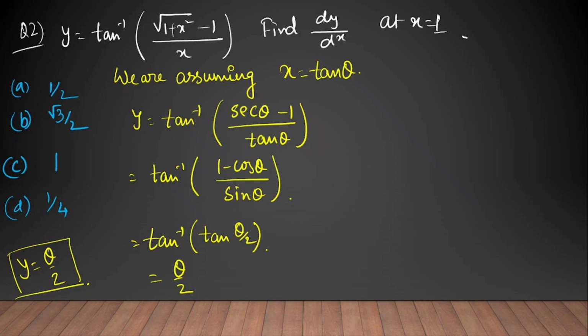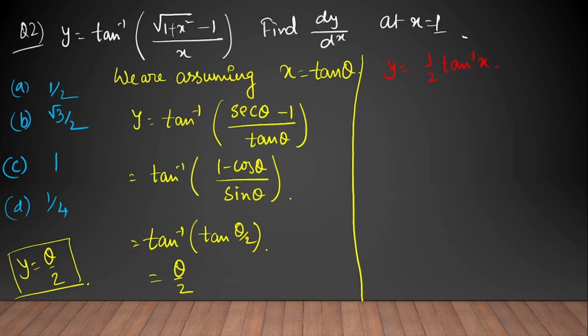Now the main question is, we have taken that tan x equals tan theta. So in this case y comes as theta by 2. So we can write it here, that is y equals half of tan inverse x.